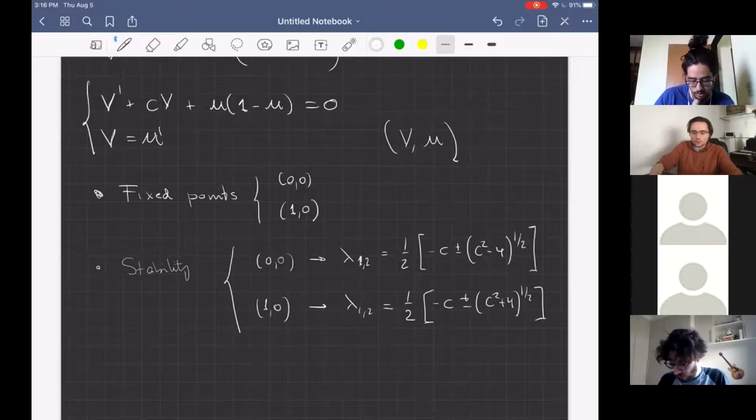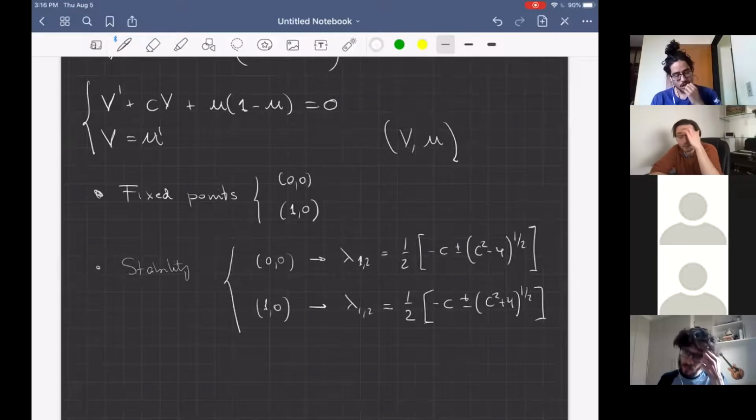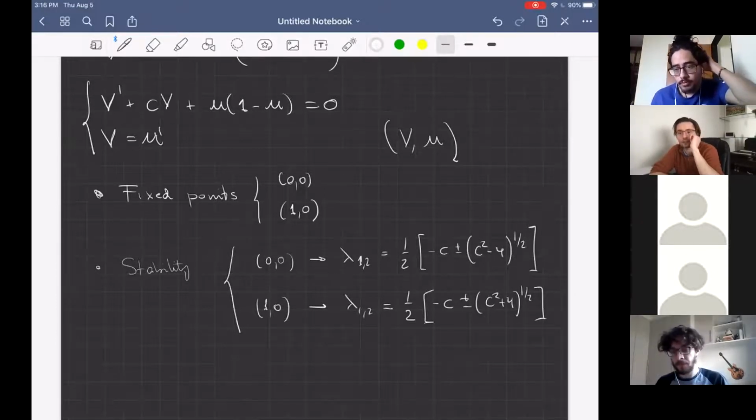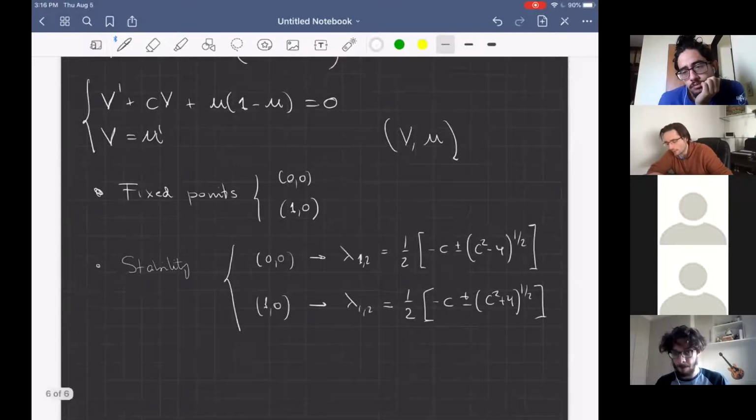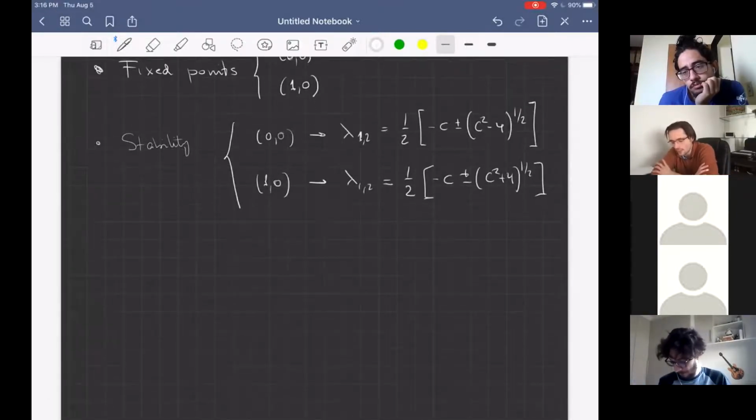So now what I need to do is to see how these eigenvalues are. Depending on how these eigenvalues are, I will get a different stability for my fixed point. You can also write the Jacobian, calculate the trace and the determinant, and use the diagram that we built yesterday to go all the way to the point. But I wanted to give you the eigenvalues in case you want to calculate them and see how your results are.